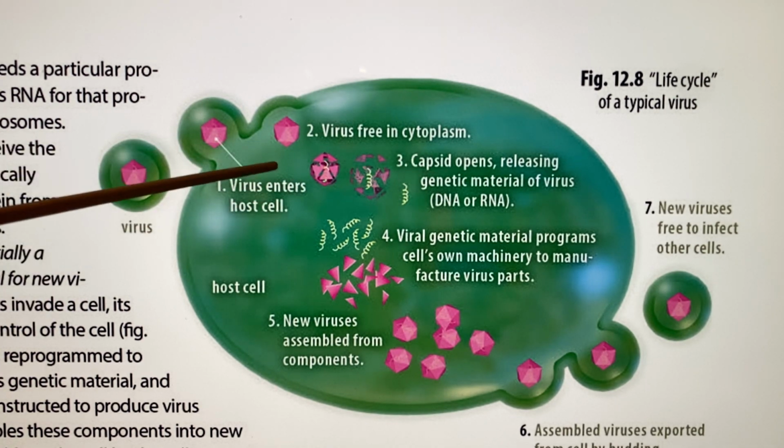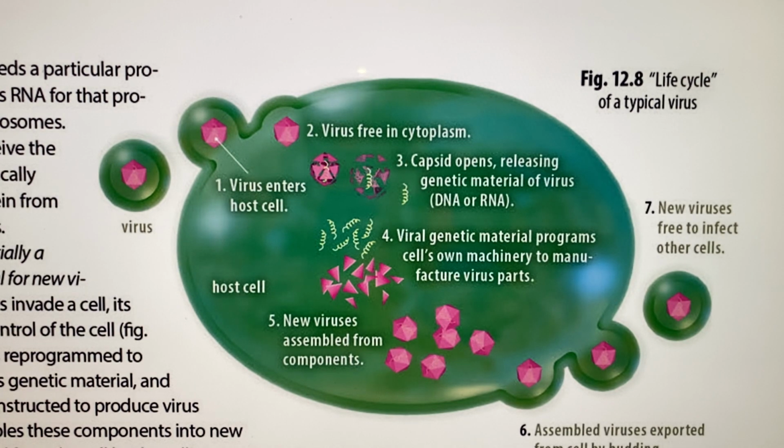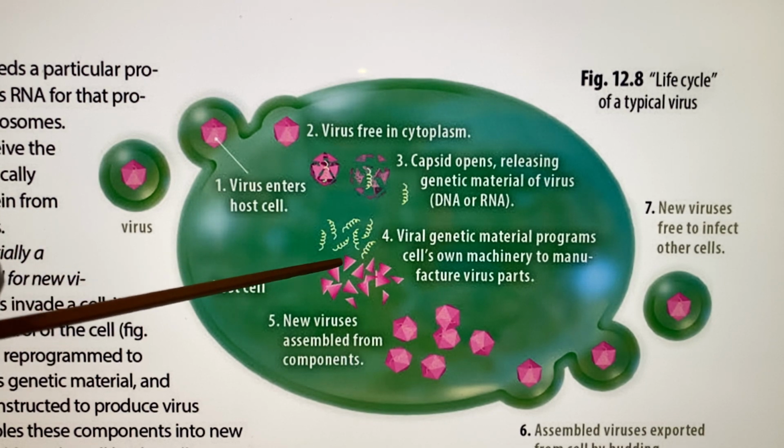The capsid opens, the capsule, like a spaceship or whatever, releasing the genetic material of the virus, the DNA or RNA. DNA looks like it's coiled, and RNA is like half a coil.